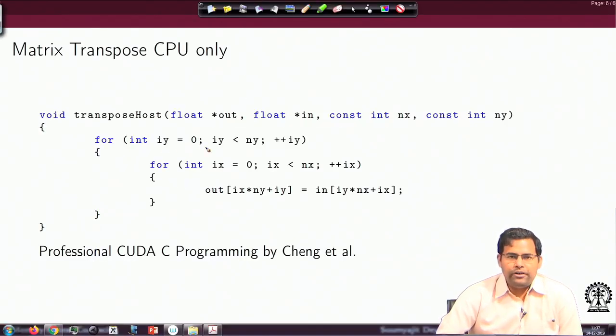The outer loop is iterating over the rows using the iy index, and the inner loop is iterating over the columns per row.